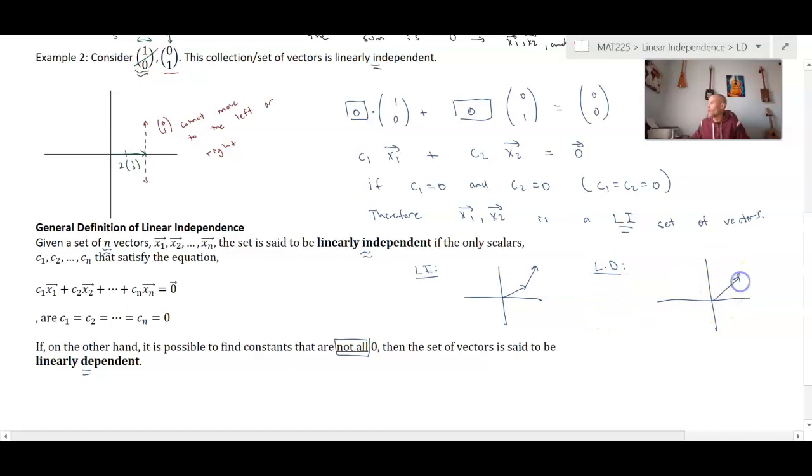So if you had 1, 2, and then a third one, then you could get back to the origin by using that third multiple. Here's another way they could be linearly dependent: if your vectors were scalar multiples of one another.